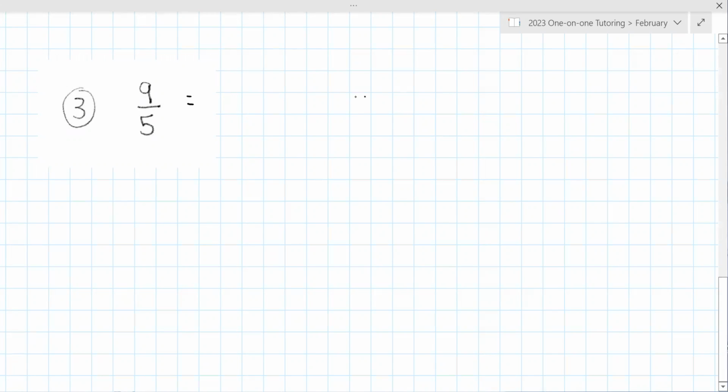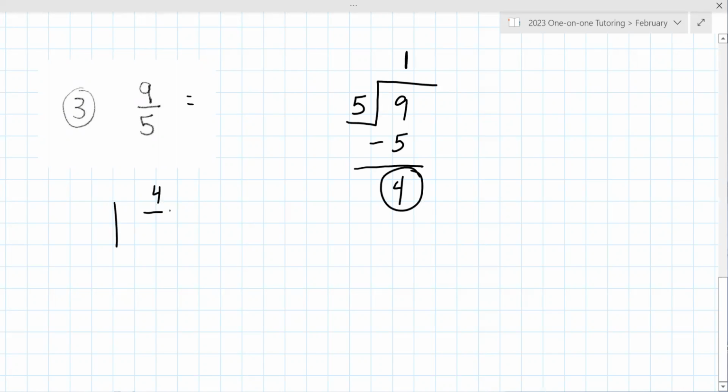So did you divide? Did you take the 5 going into the 9? 9 divided by 5, right, so that's 1 up here. 1 times 5 is 5. What's the remainder? 4. Okay, so that's important. So it's 4 over 5. Yes. Very good.